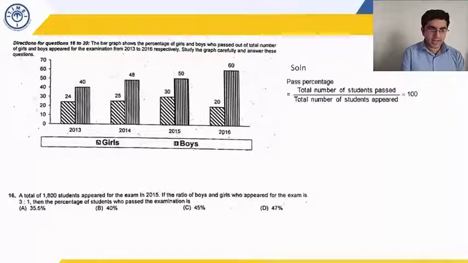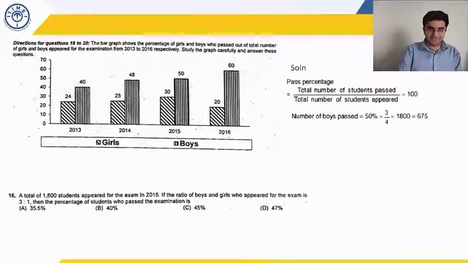Okay. Now your pass percentage is total number of students who passed divided by total number of students who appeared. Number of students who appeared is given as 1800, of which 450 are girls and 1350 are boys in 2015.